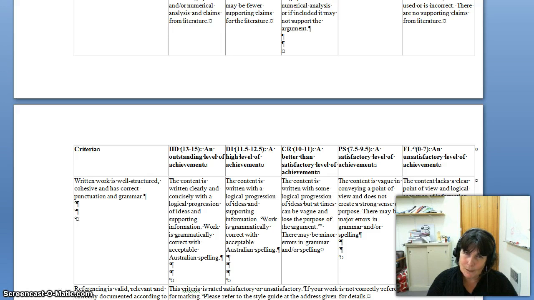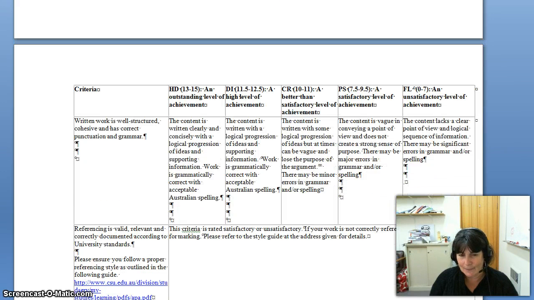It's those types of skills that I'm assessing under that criteria. It's not really related to content, it's more related to how you actually set out a good answer. Okay, and again, I've got the HD in the first column, so each of those levels are defined under each of these criteria.